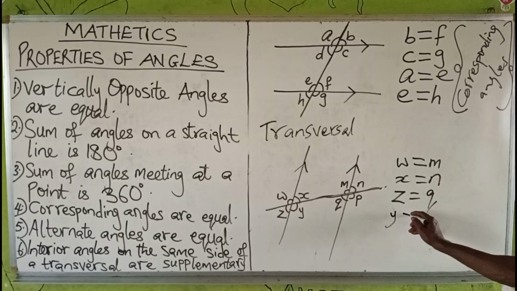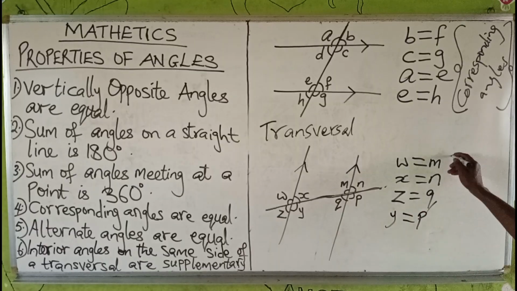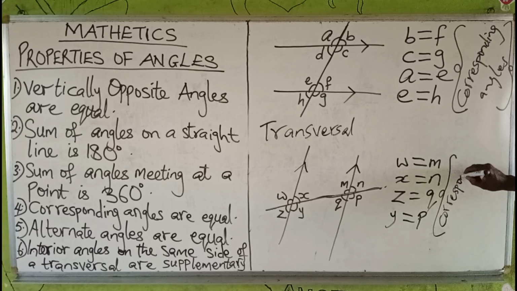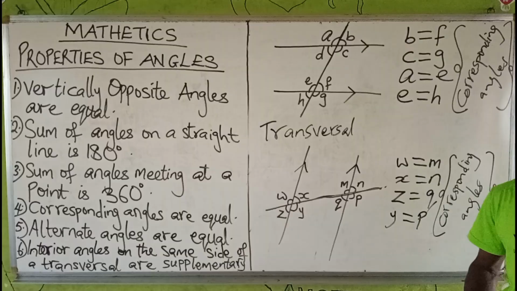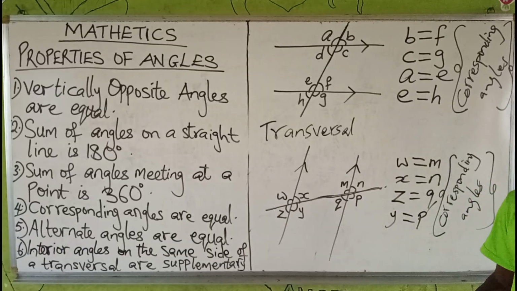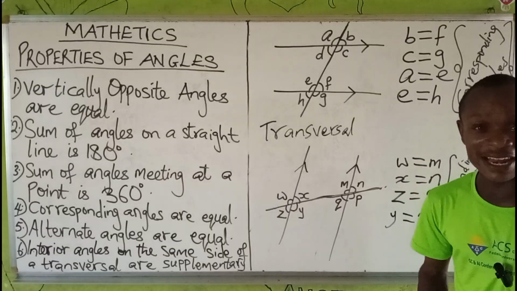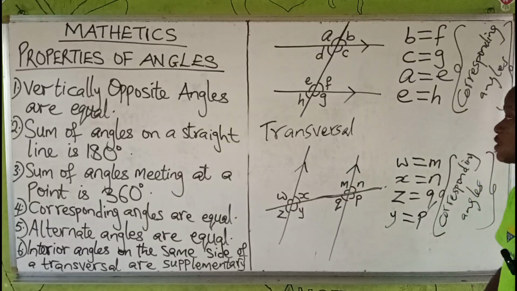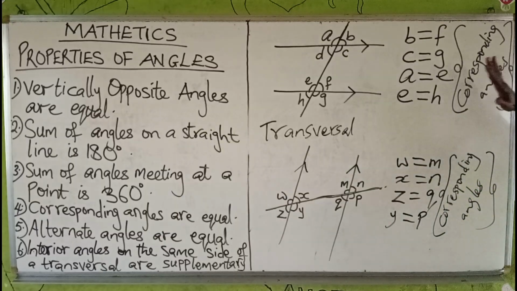That means Y is equal to angle P. And again, the reason for each of them is that they are corresponding angles, and corresponding angles are always equal. Please let me reestablish that corresponding angles can only be obtained where we have parallel lines with a transversal cutting across the parallel lines. So that is for corresponding angles.